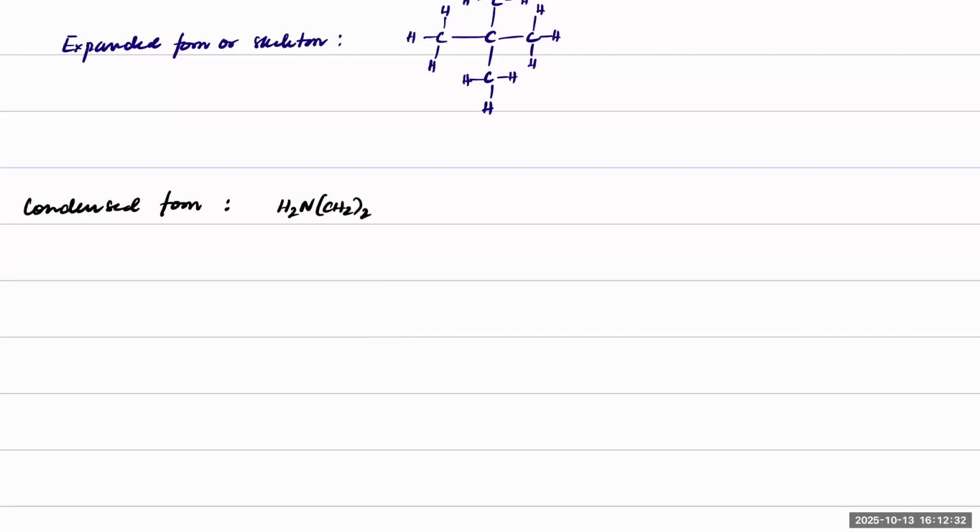If I write the semi-condensed form, I would write H2N, then two back-to-back carbons, then oxygen, then CH3. This is the semi-condensed form. Clear?